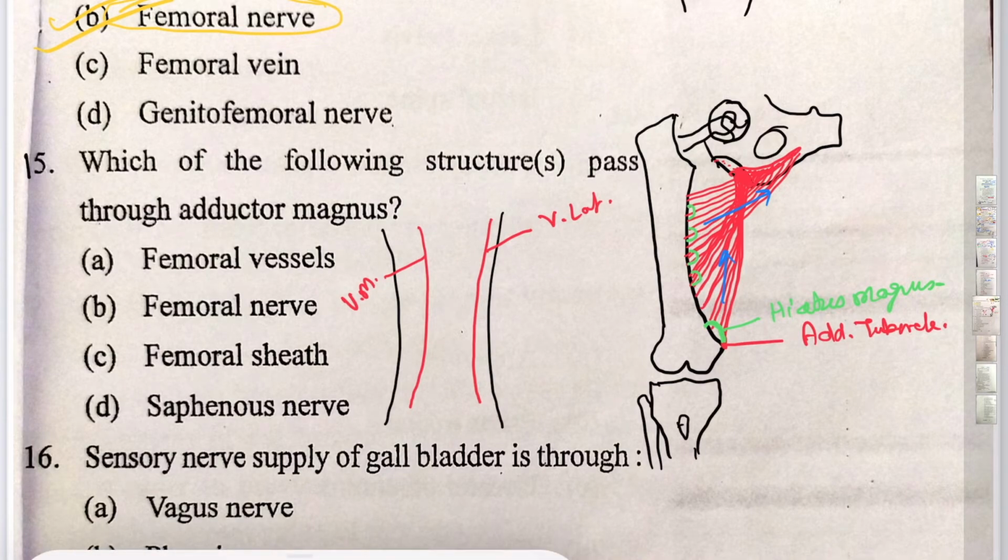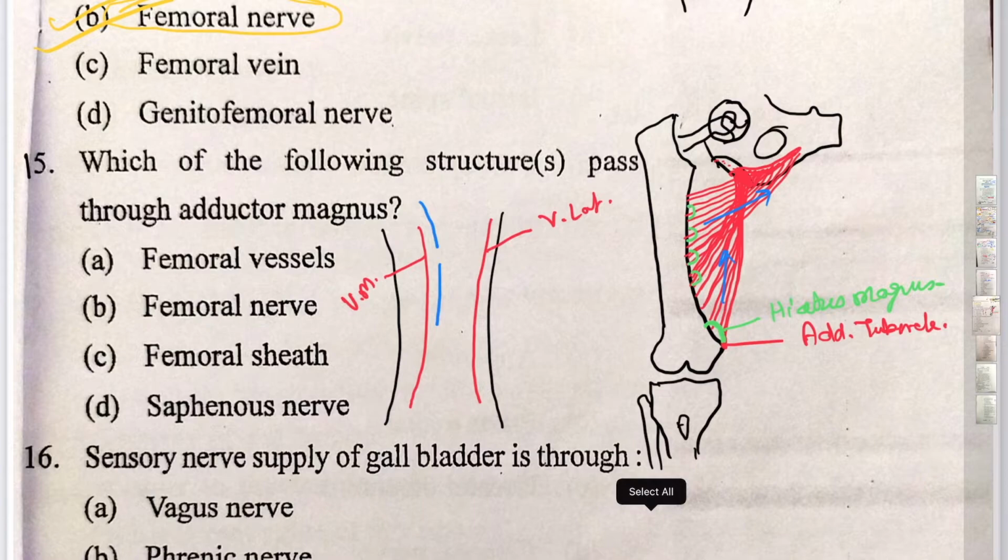Then there is the insertion here of pectineus. Then you have adductor longus, and the gap between the two muscles is filled by adductor brevis. So this is pectineus, this is adductor longus, and this is adductor brevis. Then there is a wide insertion of this muscle, adductor magnus.